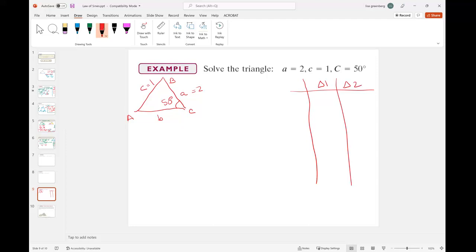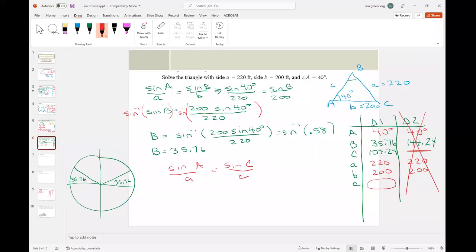And the reason I made this table, I actually taught for a really long time without that table. So that's why I now recommend it, because people would have their work all over the place, and what would happen without the table is they would use the wrong angle for the opposite angle.